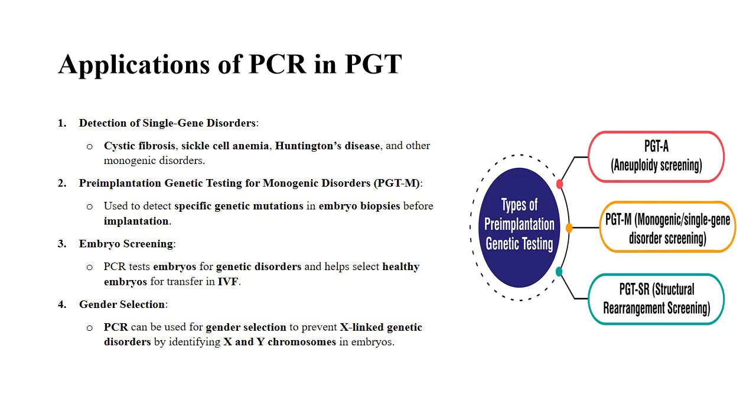2. Applications of PCR in genetic analysis. In PGT, PCR is commonly used to detect genetic mutations or single gene disorders in embryos, as well as to confirm the presence of certain genetic conditions that may be passed on from one or both parents. A. Detection of single gene disorders.